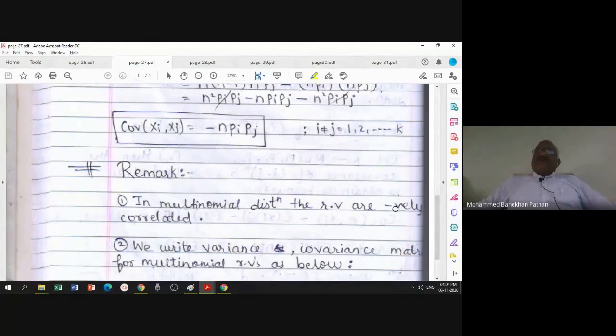From your first year, two characteristics, two variables are said to be negatively correlated if they behave oppositely. One increases, the other decreases, and vice versa. So this minus sign says that under the multinomial distribution, xi and xj are negatively related. Any one of them is increasing, the other is decreasing.